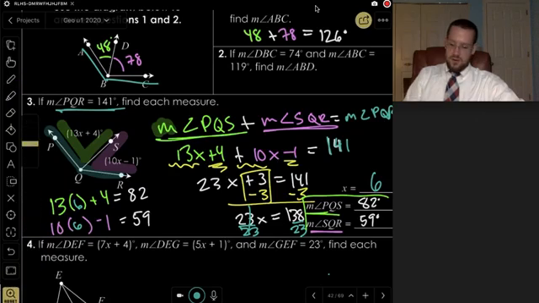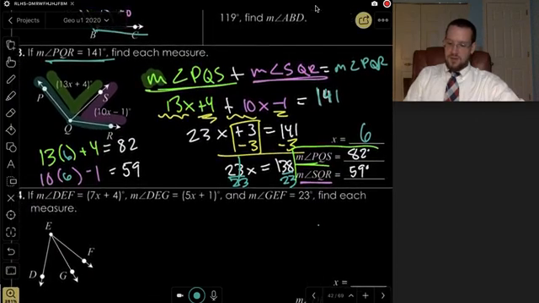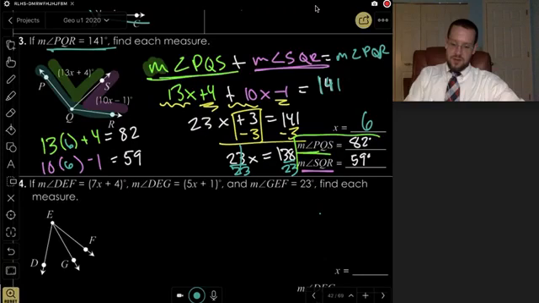So what did we do here? Very similar to our segment addition problems, we needed to identify what the parts are. Green part plus pink part is blue part. So I just wrote that up here. The green value was 13x plus 4, the pink value was 10x minus 1, and the blue value, the whole thing, we were given as 141.